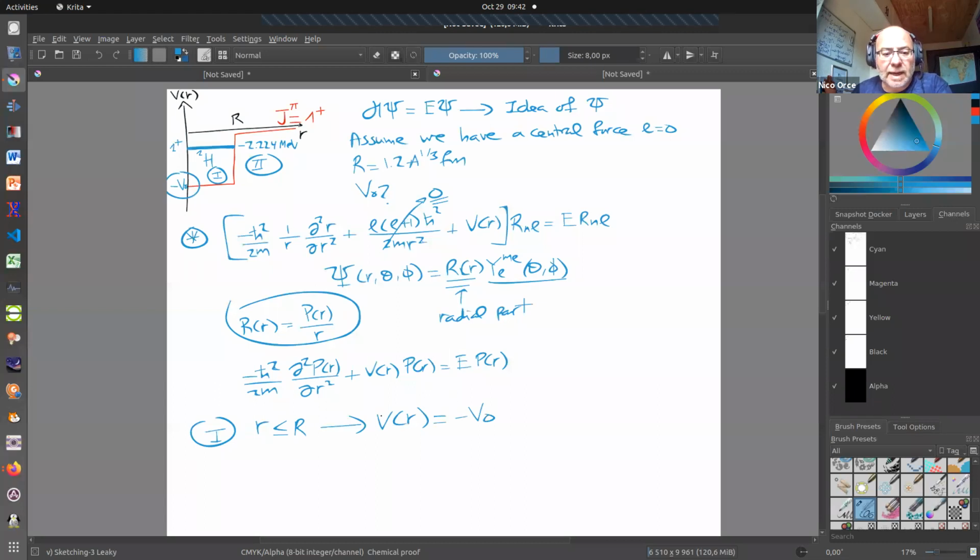So in that particular case, inside region 1, in the potential depth here, we can simplify the Schrodinger equation with this condition, and then we have minus h bar squared over 2m P. Let's make this 2 so it's easier, right? Minus E P(R) is equal to 0 because the potential is minus V naught.